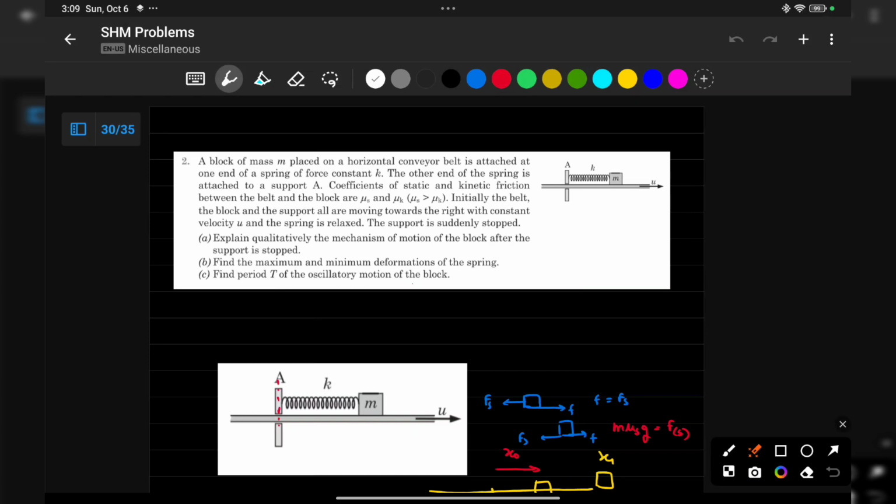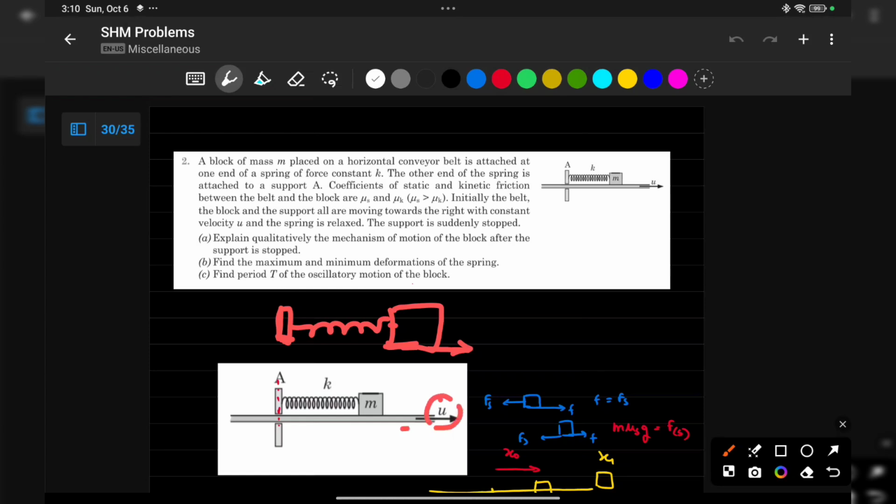So let me first tell you the first part of the question. What is the mechanism of motion of the block after the support is stopped? Just suppose this was a block. When the support was suddenly stopped, there was friction working with it, that was causing it to move with this conveyor.